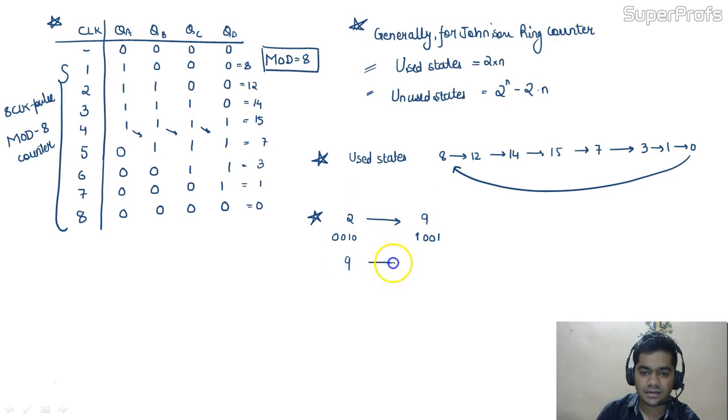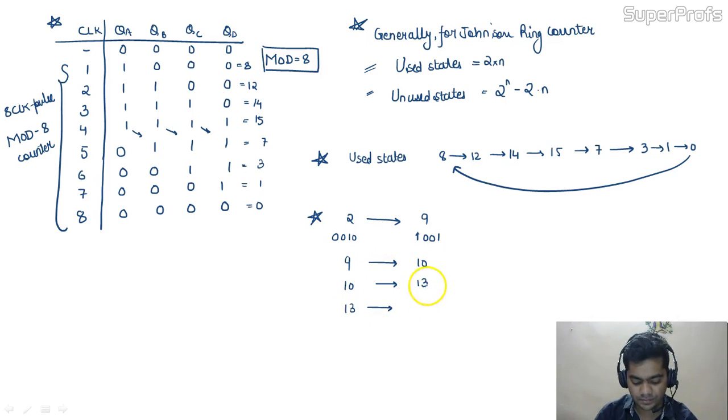So if 9 comes, then the next becomes 10. If 10 comes, the next state would become 13. If 13 comes, the next state would become 6. If 6 comes, the next state would become 11.